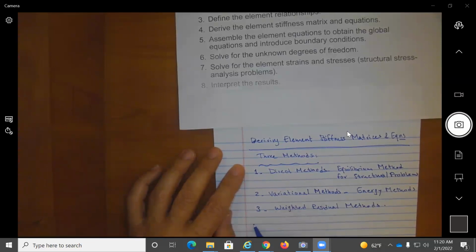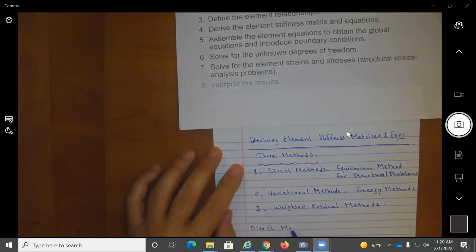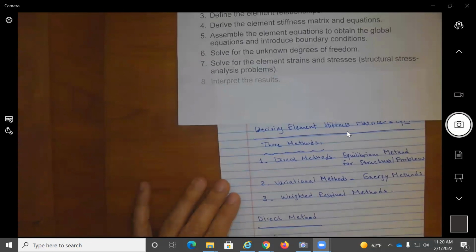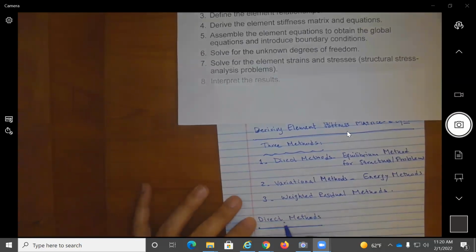On the direct method, before we move on, I can say that the direct methods are the simplest.